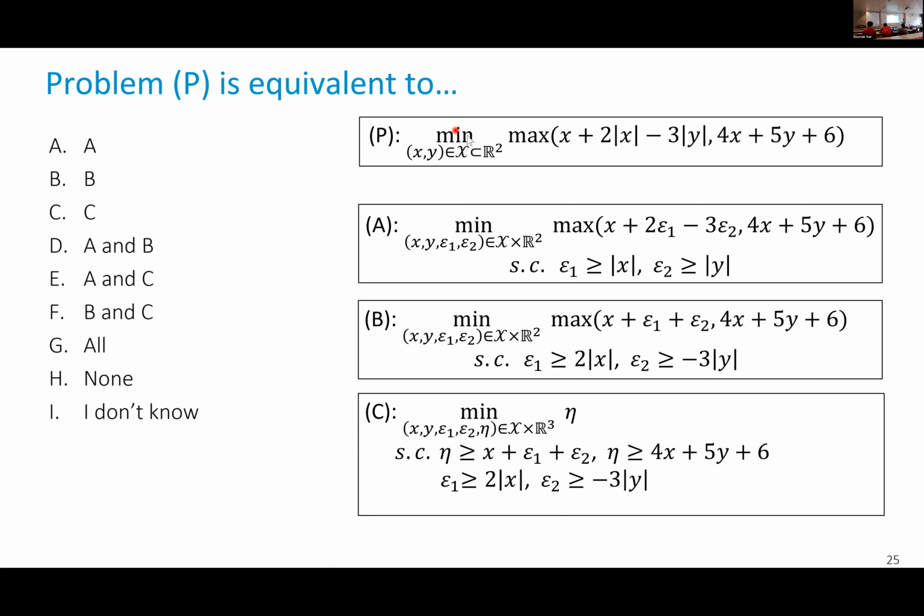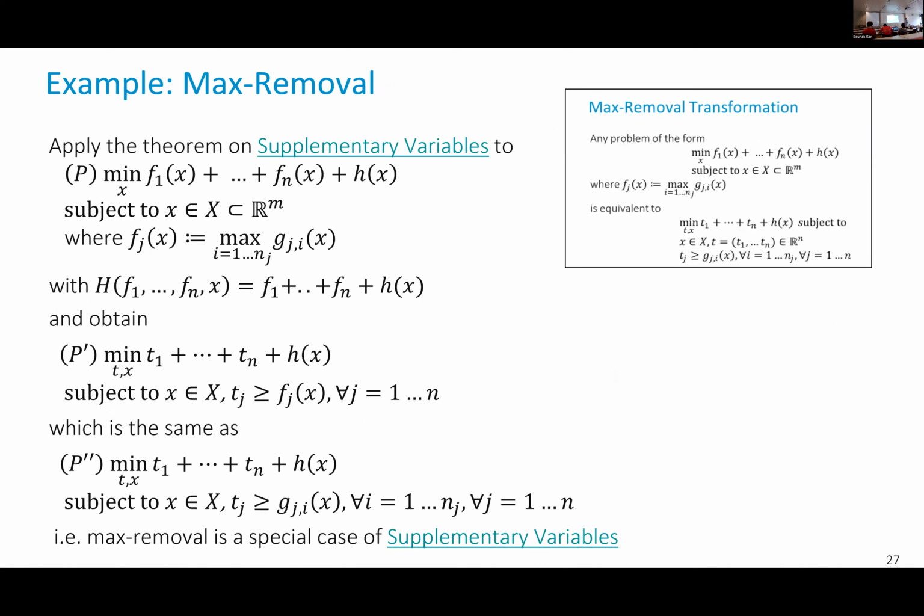So here is how a problem such as P can be transformed into something that is not yet a linear problem. We have the absolute value, but this we will see later. We have seen the max removal transformation. In fact, we can see that's just an application of what we saw today. So I could have given that from the beginning, but that would have been a bit complicated.